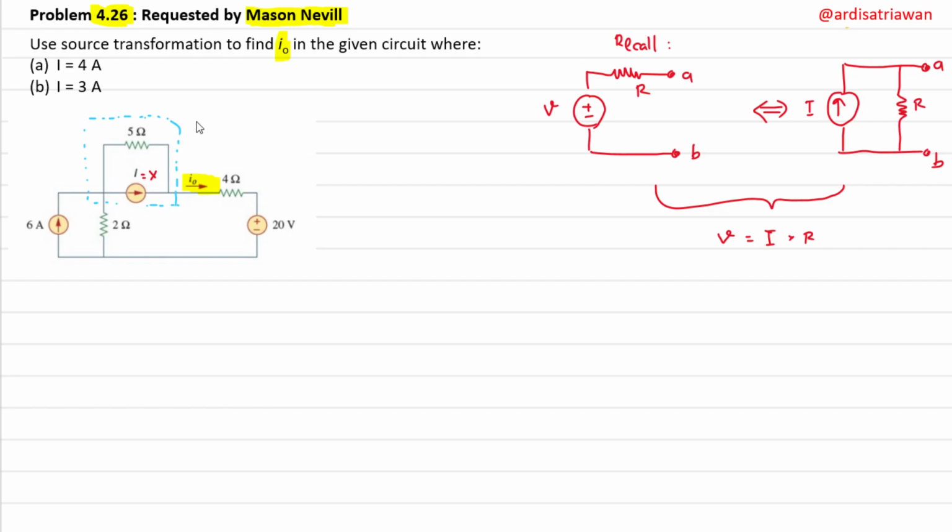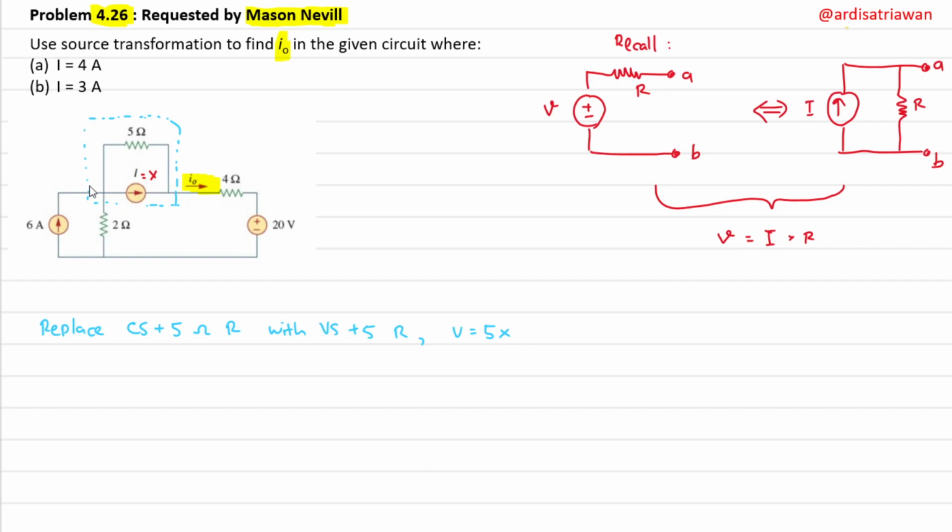So we can replace this current source plus 5 ohm resistor with a voltage source plus 5 ohm resistor. Okay, and here we have 5, but I is X, so the voltage source will have the value of V is equal to 5X.